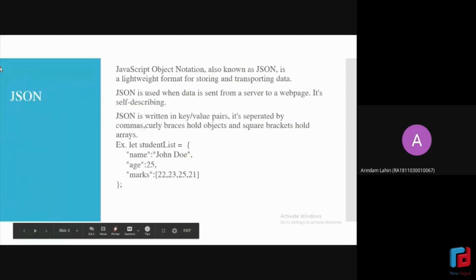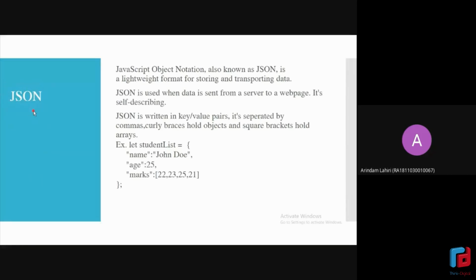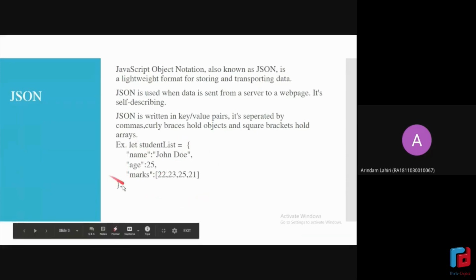Moving on, JSON. So this is a very important part of JavaScript, I would say. It's very essential. We will be using JSON today, and I'll be showing you in code what it means and what it does. For now, let's just understand that it's JavaScript Object Notation. It's a way of representing JavaScript objects. And this is how it looks. It has curly braces around it.